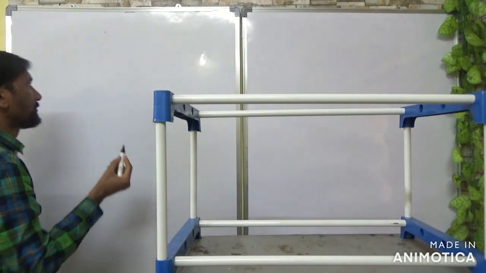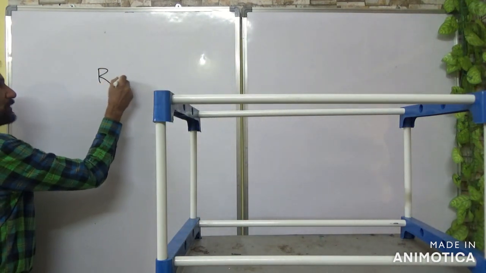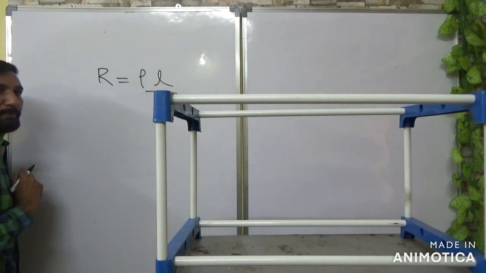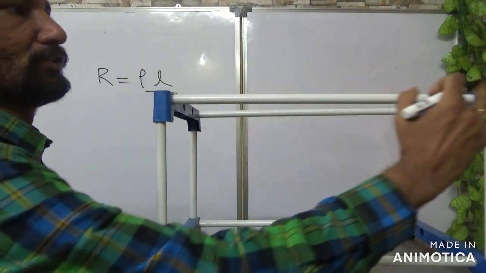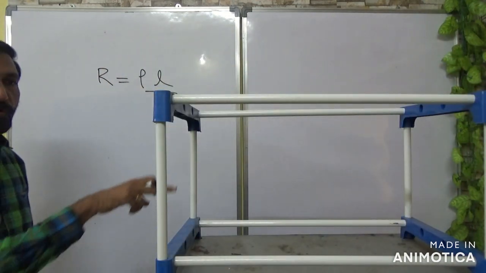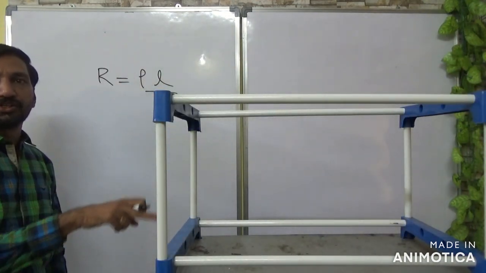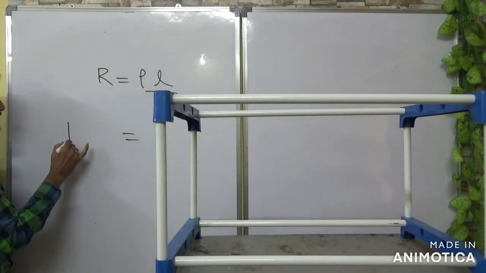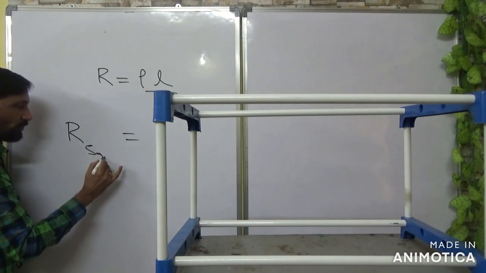You know the resistance of a conductor is rho L by A, where L is the length of the conductor and A is the area of cross section.